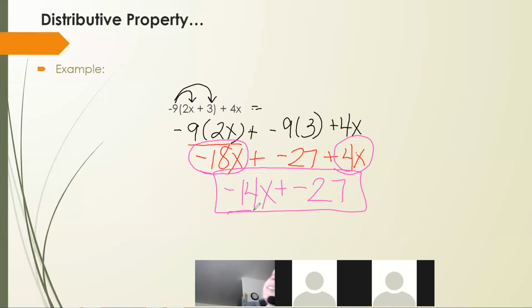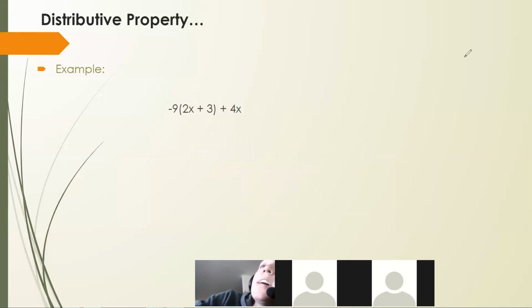Beautiful. You did it. Woohoo. All right, questions there? So it's just taking the number in front and then multiplying it throughout the parentheses. Yay, math! We got one more thing to talk about, and it's super painless.